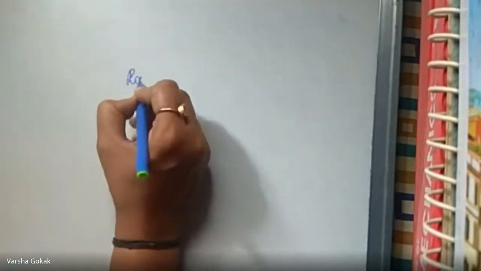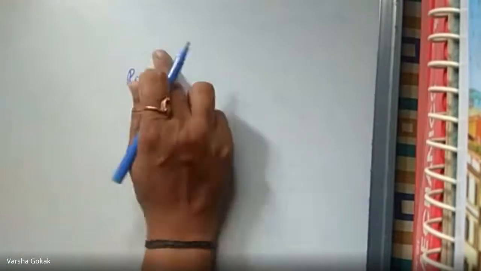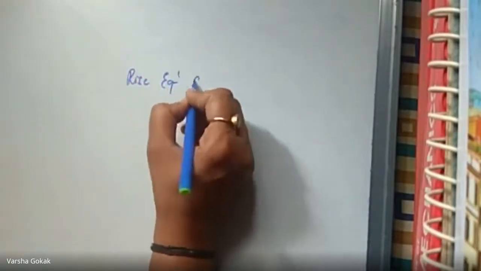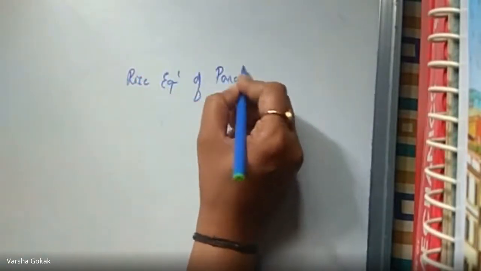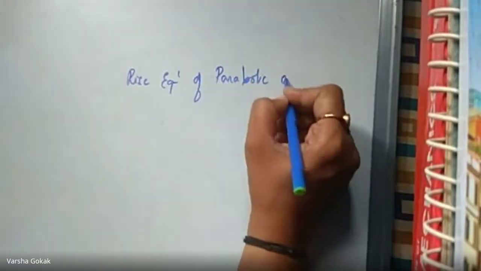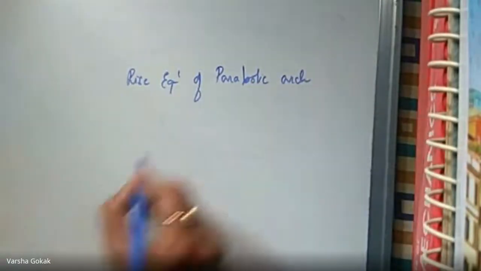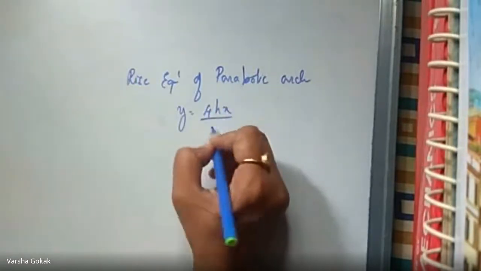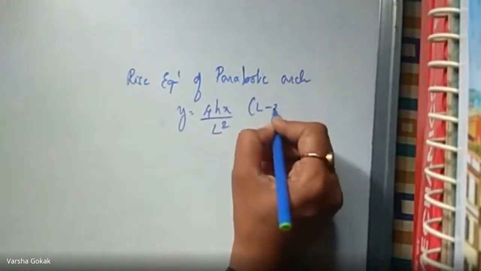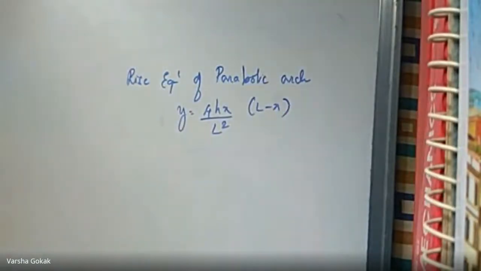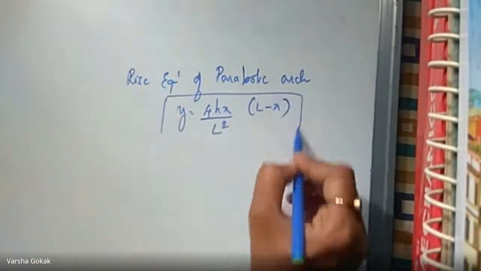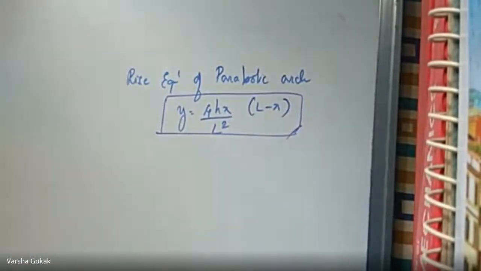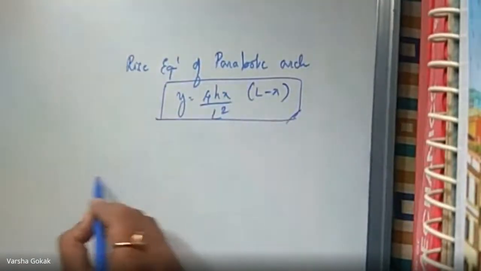So we got a formula for the rise equation of a parabolic arch, which we derived yesterday. It is y equal to 4hx divided by L square into L minus x. This is the equation for rise when we are calculating a parabolic arch.